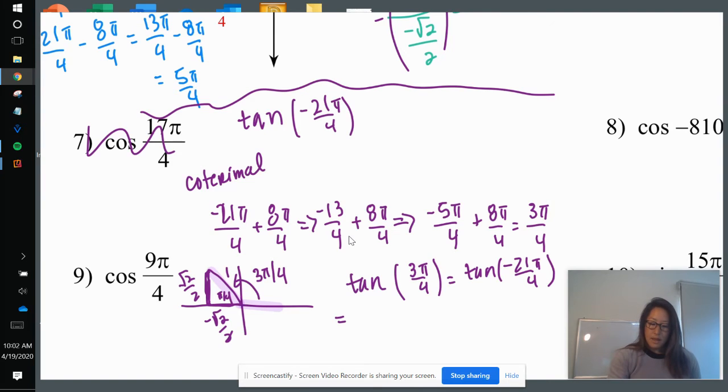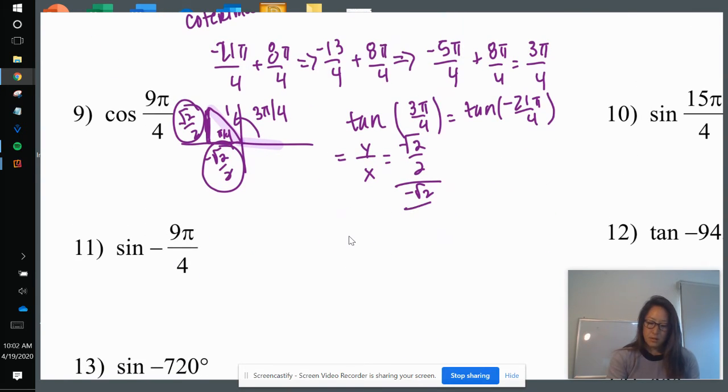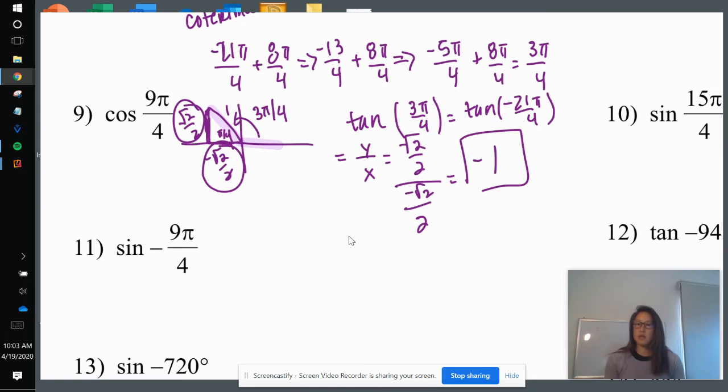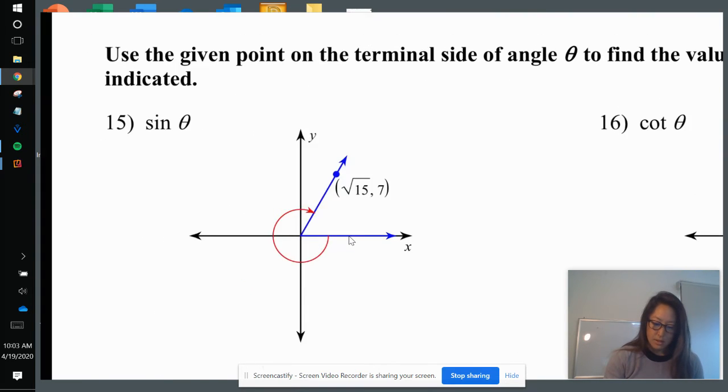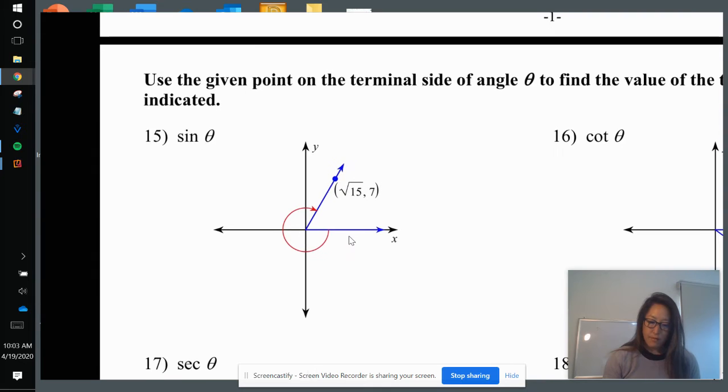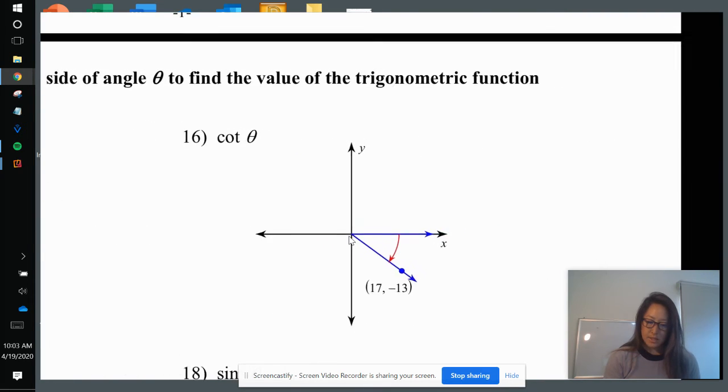That would be my y over my x, my rise over my run. So my y is root 2 over 2 over my x, which is negative root 2 over 2, which gives me negative 1. So that's another way to do the same thing. There's lots of different ways to do these problems. All right, so number 15, let's do number 16.